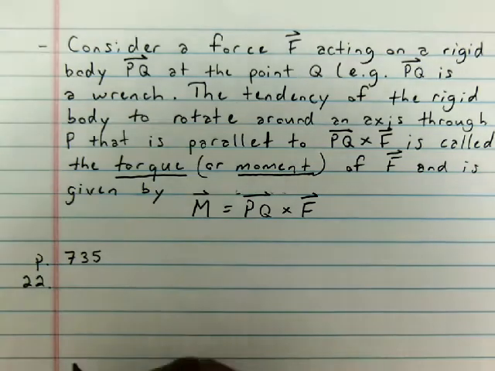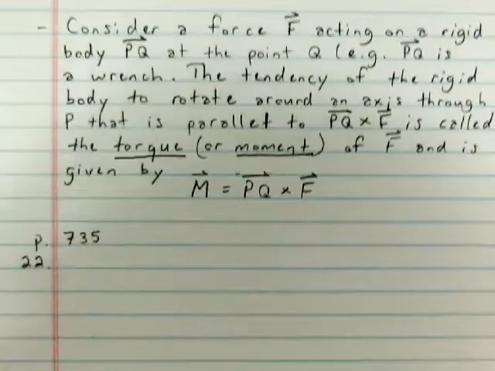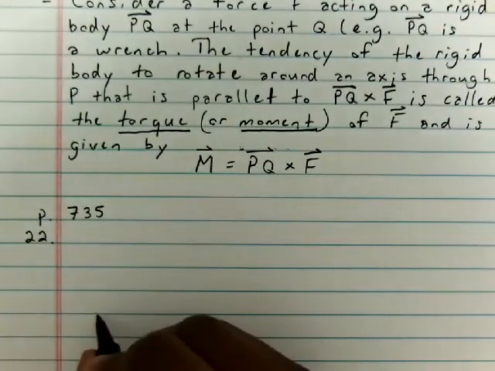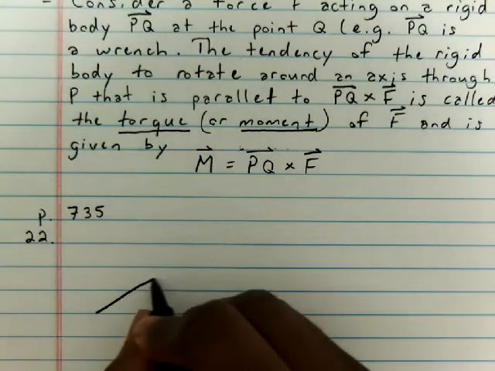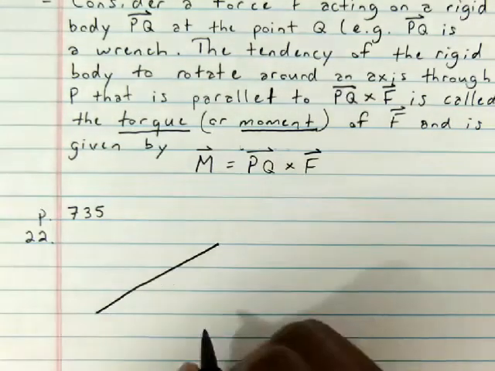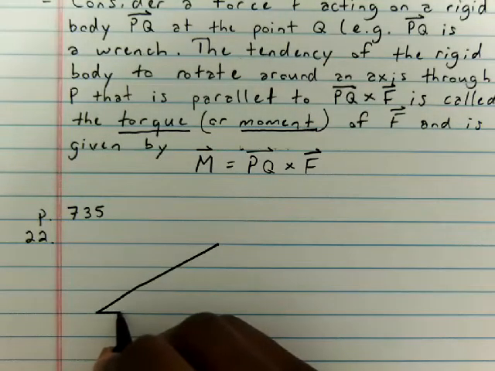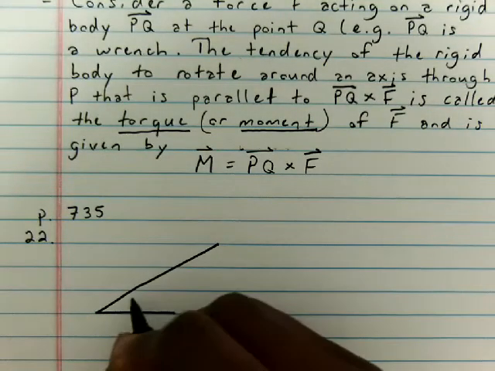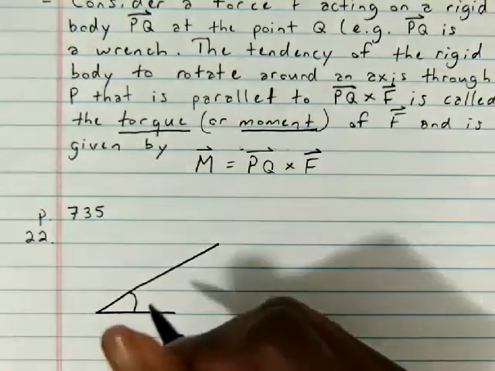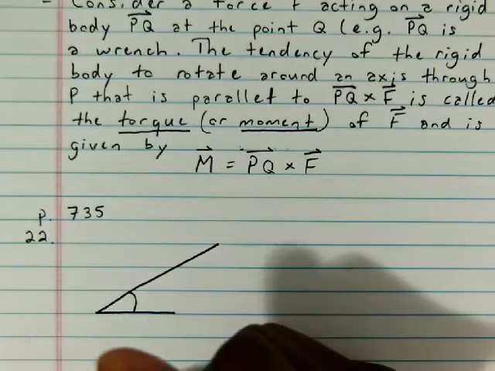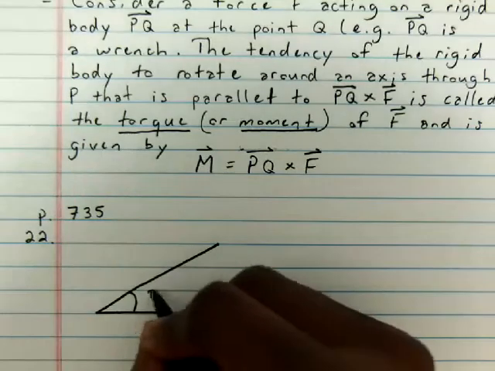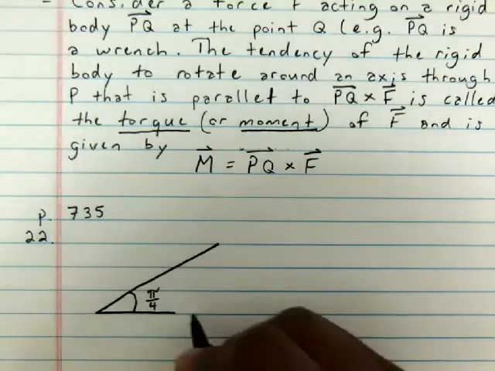Let's see how we'll sketch this. Here is our fishing pole, at an angle of pi/4 with the horizontal.